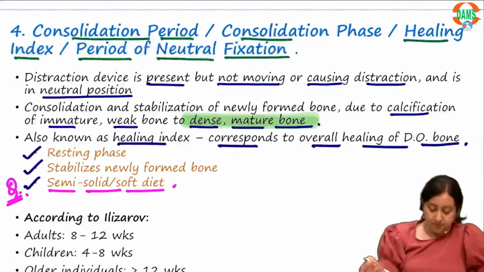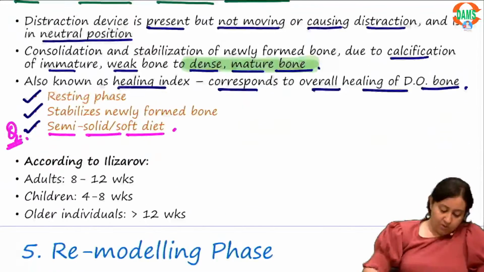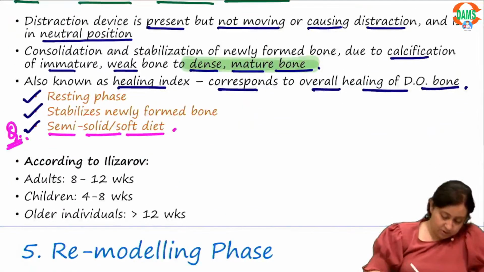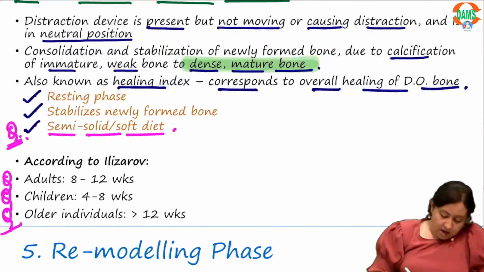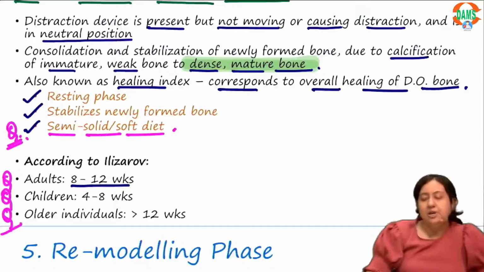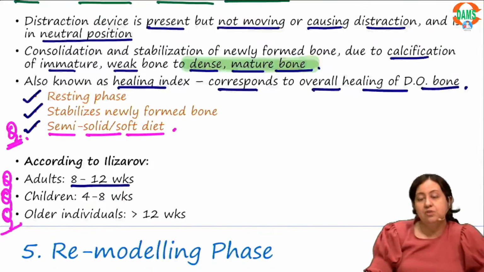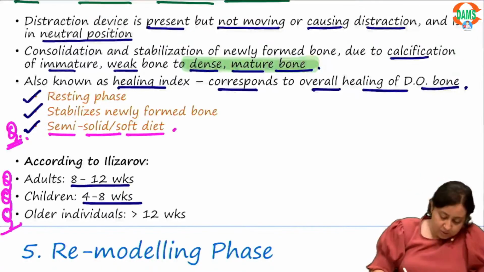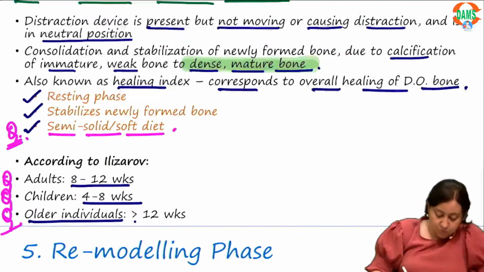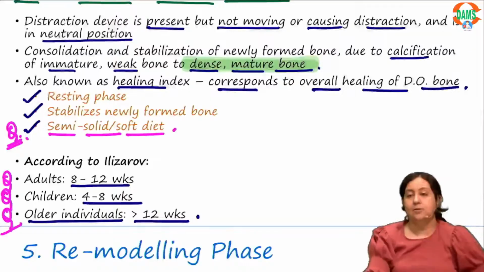Understood? Now, according to Elizarov, this is also important. In adults, the consolidation period is 8 to 12 weeks. Children, 4 to 8 weeks. And older individuals, those are elderly or geriatric patients, it is more than 12 weeks.